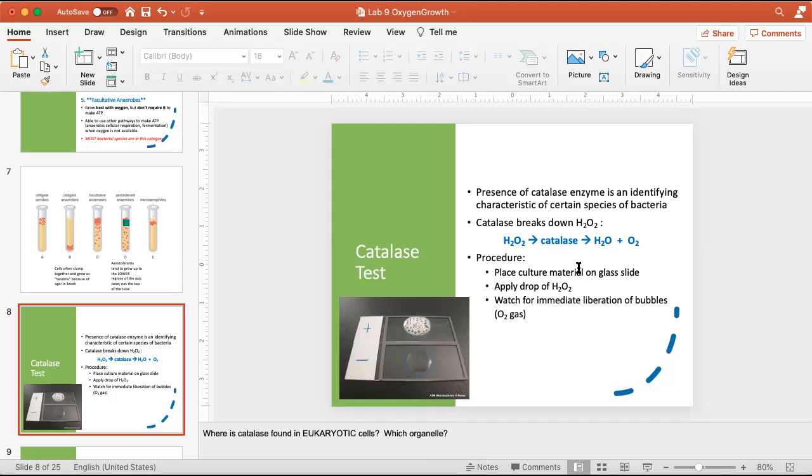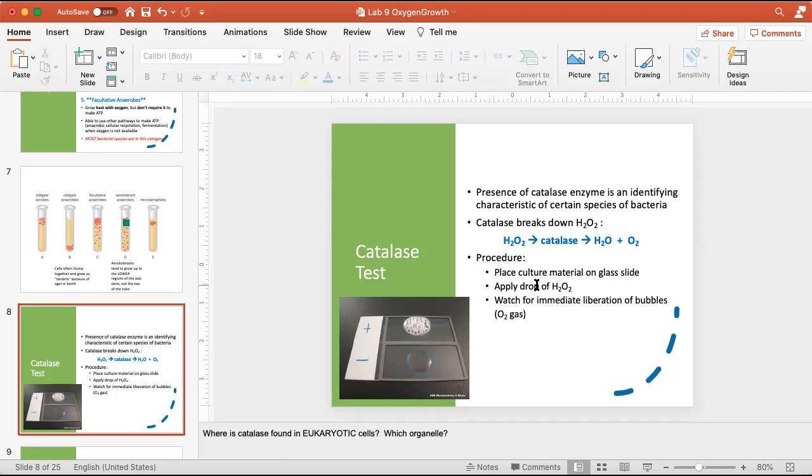The way we do the test is we take a little bit of culture material, preferably from an agar plate. So we pick up a few of the colonies from an agar plate, and we just smear them onto the surface of a glass slide, as though we were making a smear, but a thicker smear than what we would normally make.